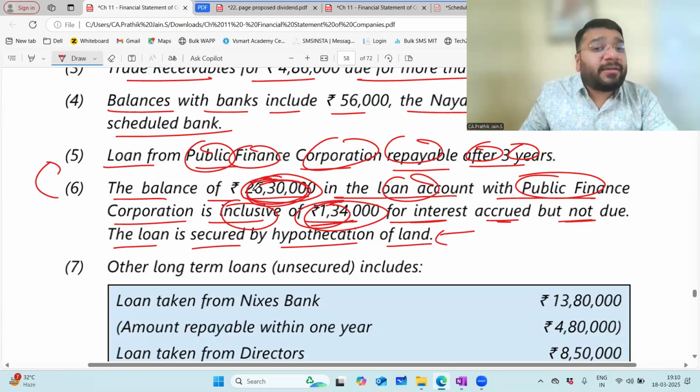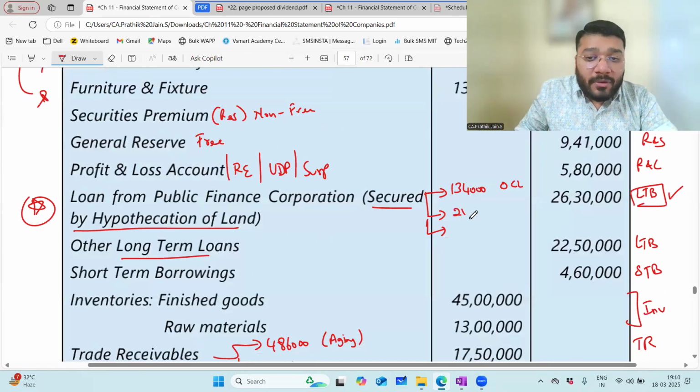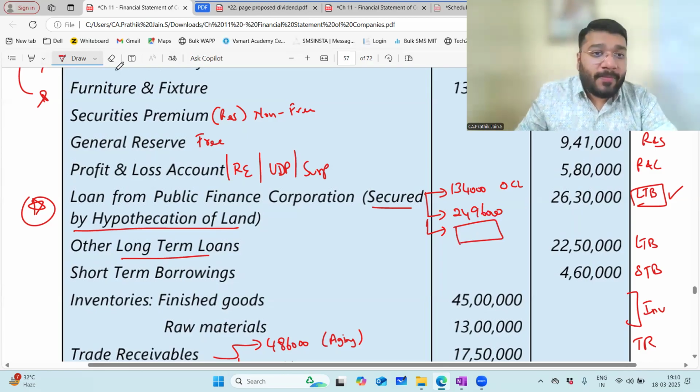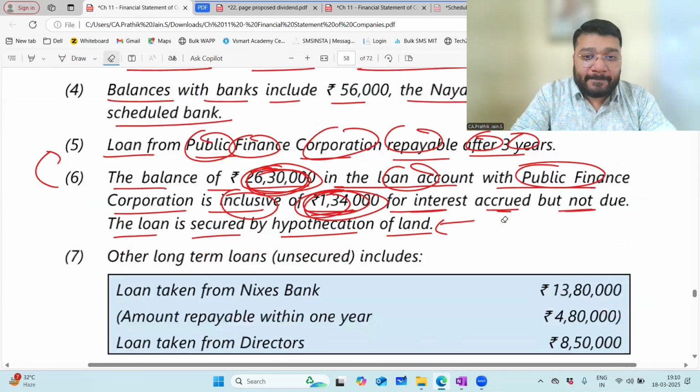From this 26,30,000, if I minus 1,34,000, how much will it be? 24 lakh 96,000.